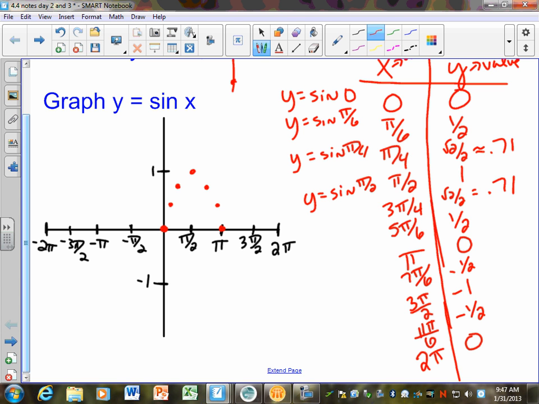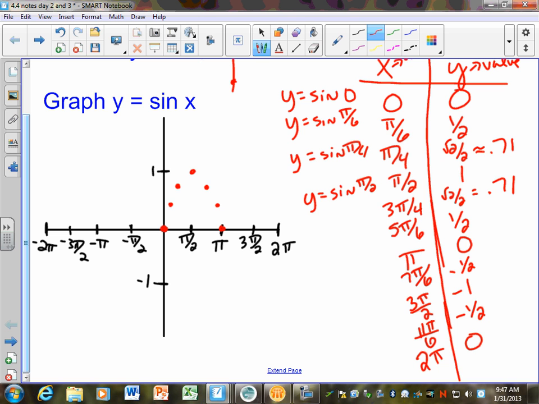Now what's going to happen as we go down here? Should it be this exact same shape, only now everything's negative? Think about our values on the unit circle. They just change to negatives. So that's what's kind of nice about sine. Once you know what it's supposed to look like, you can do a bunch of things to it. But let's see here.